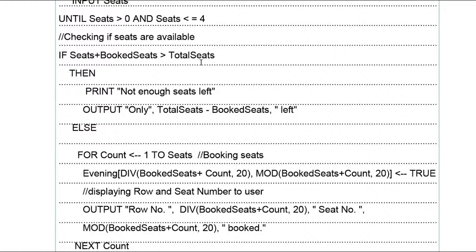The criteria for the second if would also be the same, that if they are greater than 200, or greater than the number of seats, then we are going to say that it is houseful.